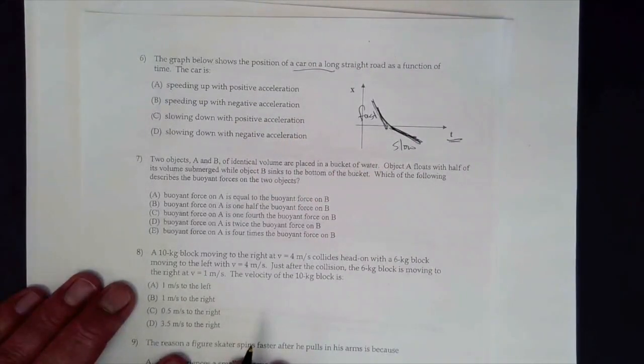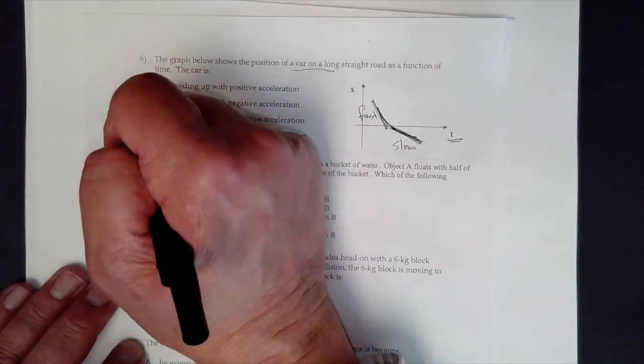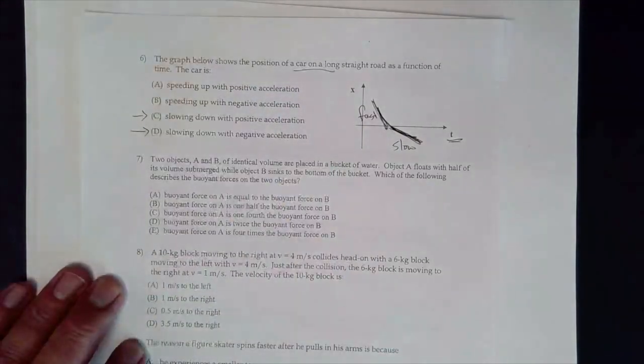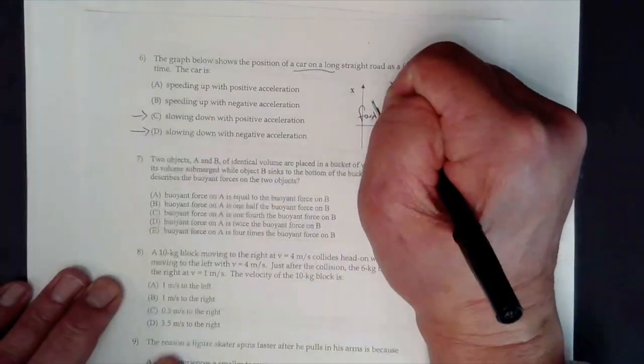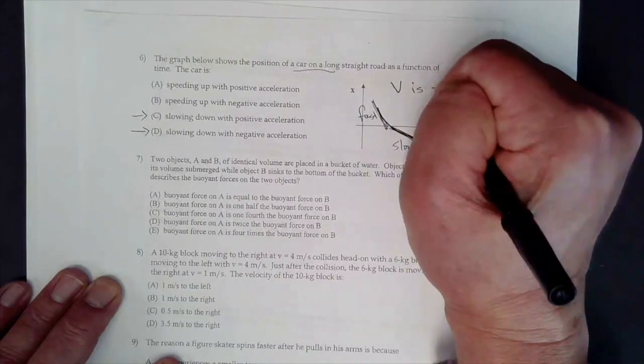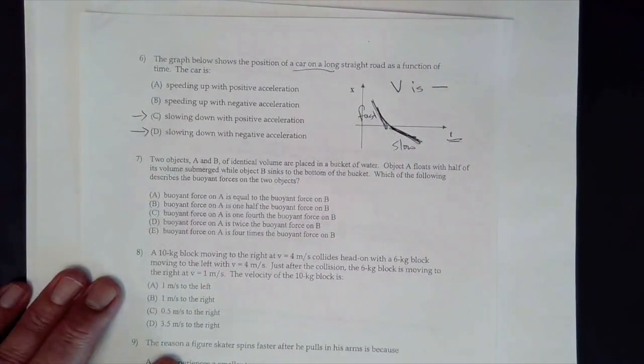Okay? Now, that means it's slowing down. So it's got to be one of these two answers. Now, we know that the velocity is negative. How do I know that? Because the slopes are negative, and slope is the velocity on a position versus time graph.